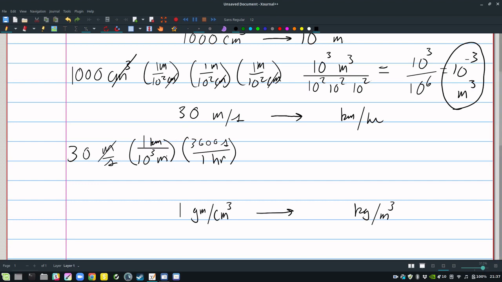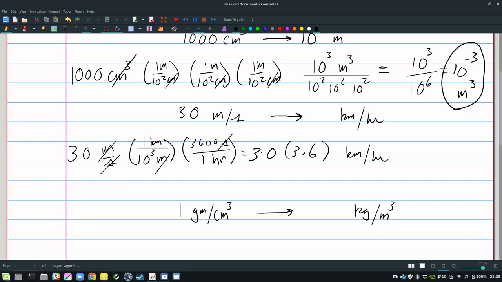Meters are in the top and bottom, they cancel. Seconds are also in the top and bottom, they cancel. And you have 30 times 3,600 divided by 1,000, so that's just 3.6. And then the units are kilometers per hour now.